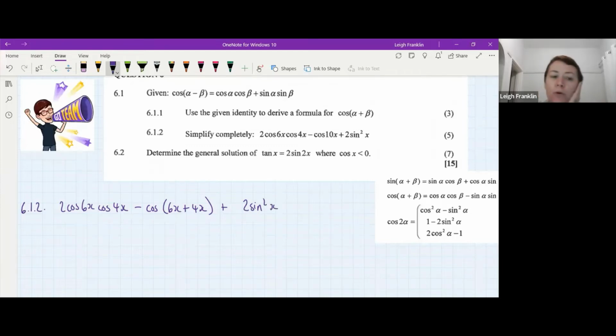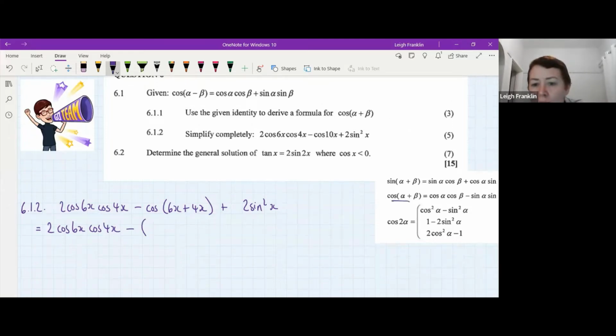So at the moment, we have 3 terms, all right? When we expand that cosine compound angle, then we're going to have more than 3 terms. Okay, so 2 cos 6x cos 4x. Because this is going to become more than one term, it's significant that there is a negative there. I need to keep the negative and use brackets because I'm going to have sign changes.